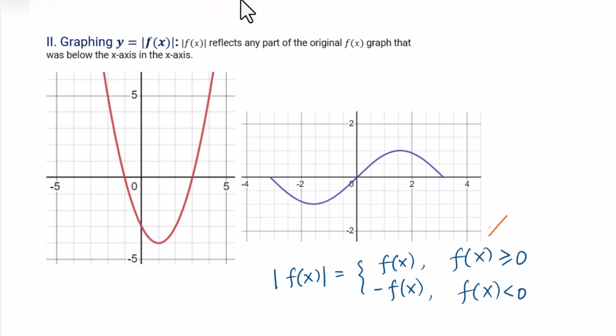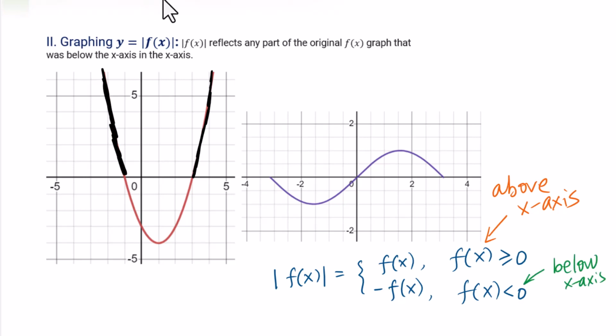F of x greater than or equal to 0 means the graph above the x-axis. So any graph above the x-axis will stay the same. The graph below the x-axis will reflect across the x-axis.